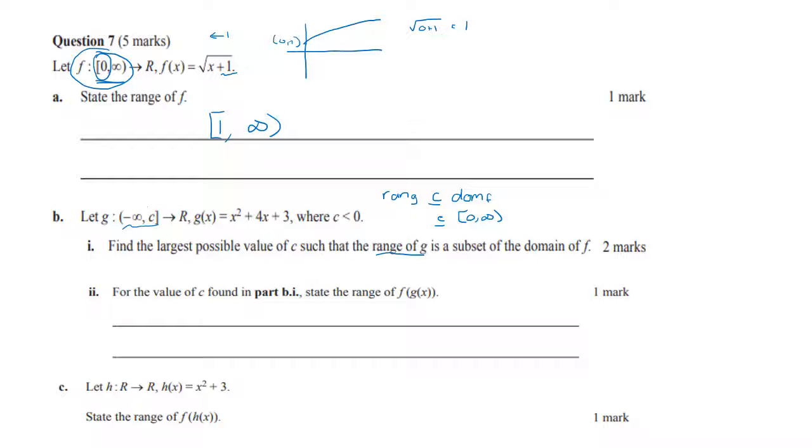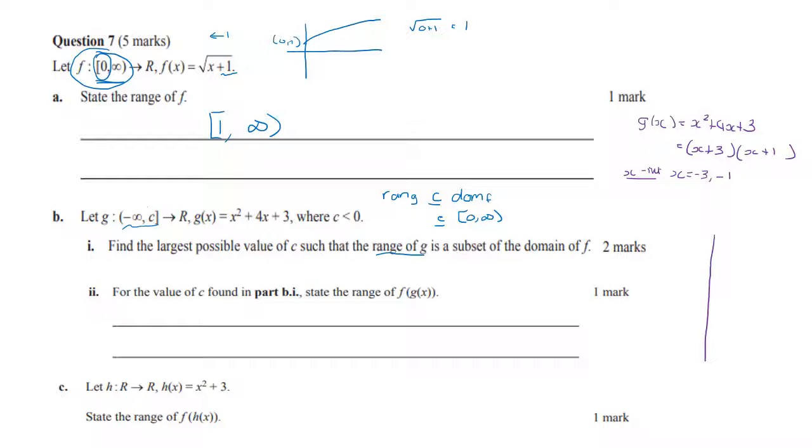That means we need to sketch g of x. So when we're sketching a parabola, useful things to know are intercepts and turning points. If we're trying to find the intercepts, we need to factorize this. So factorizing, we would get (x plus 3) and (x plus 1). So that means the x-intercepts will occur where x equals negative 3 and x equals negative 1.